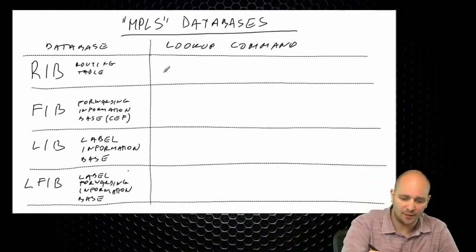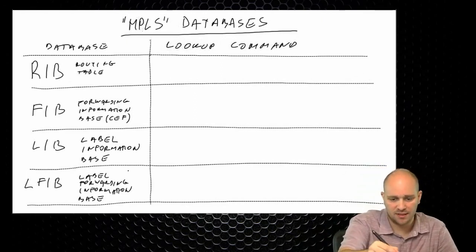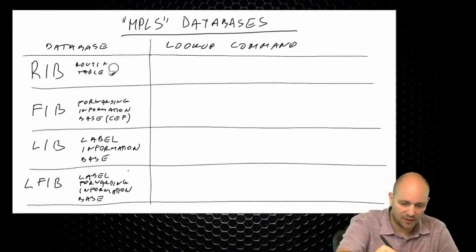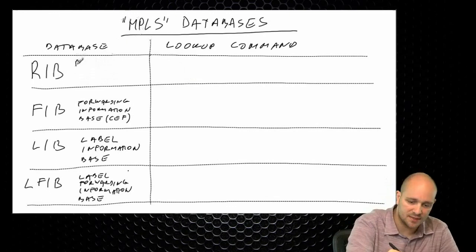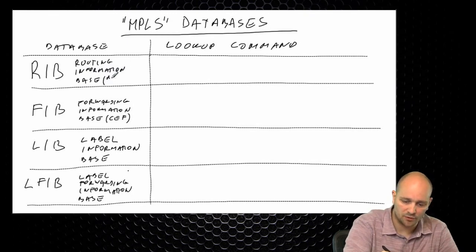Now, for the routing table, let me rename it quickly here. It is the routing table, but the proper name for it is routing information base. So this is our routing table.